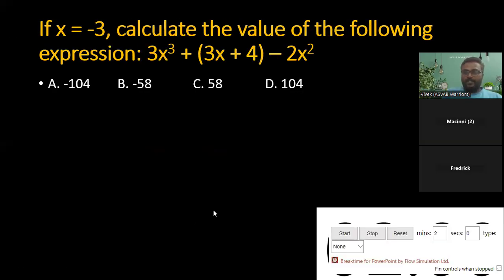Now, you guys try solving this question over here, which is x equals negative 3. Calculate the value of the following expressions.